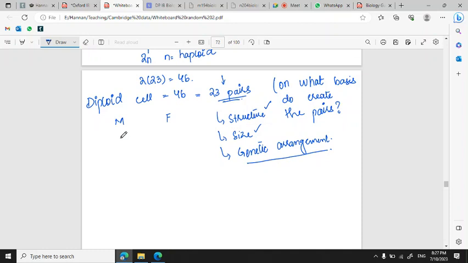Now it means that I got 23 from here and 23 from here. So chromosome number 1 from my mother, I also got chromosome number 2 from my mother, number 3, number 4, number 5. And I also got all these chromosomes from my father.